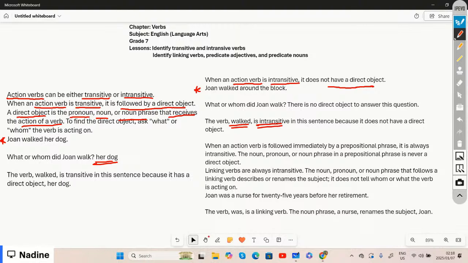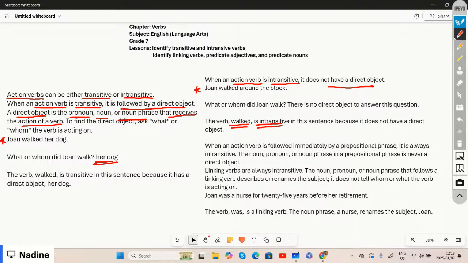Linking verbs are intransitive, and it means that the noun, the pronoun, or the noun phrase that follows that linking verb describes or renames the subject. It does not tell whom or what the verb is acting on.